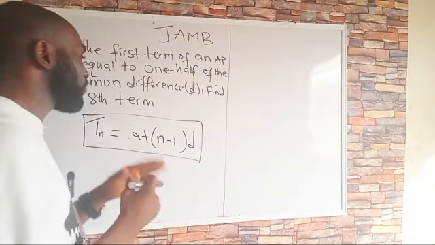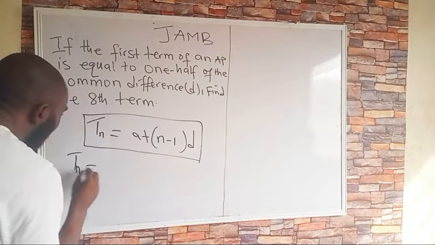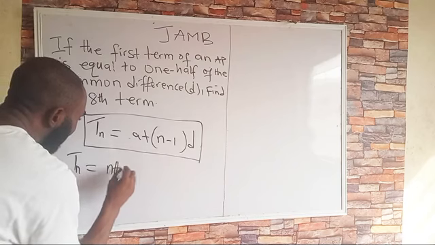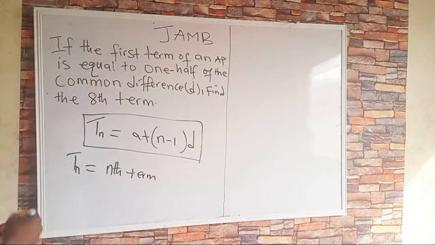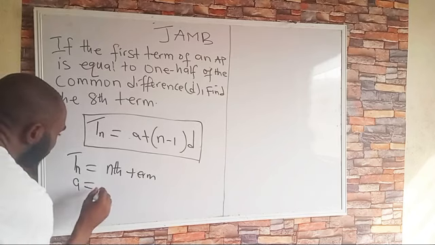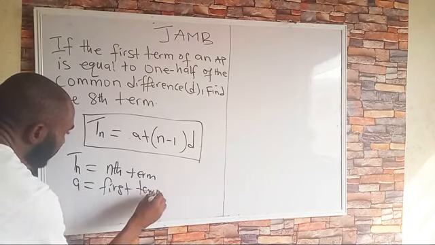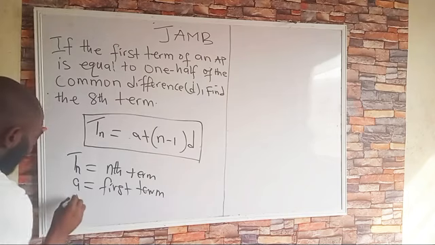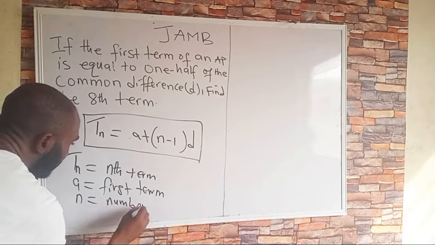term in this formula. I will start with Tn. Tn here means the nth term, the term you don't know. Then a is equal to the first term. Then n is equal to the number of terms.